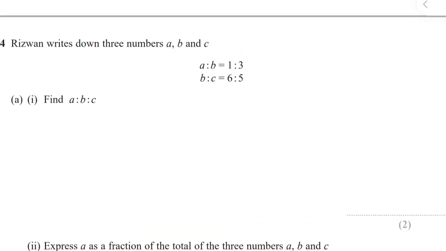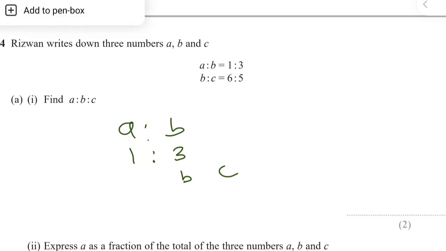So, write down 3 numbers, A, B, and C. A to B is 1 to 3, and B to C is 6 to 5. So find A, B, and C. So that's easy. A to B is 1 to 3, and B to C is 6 to 5.